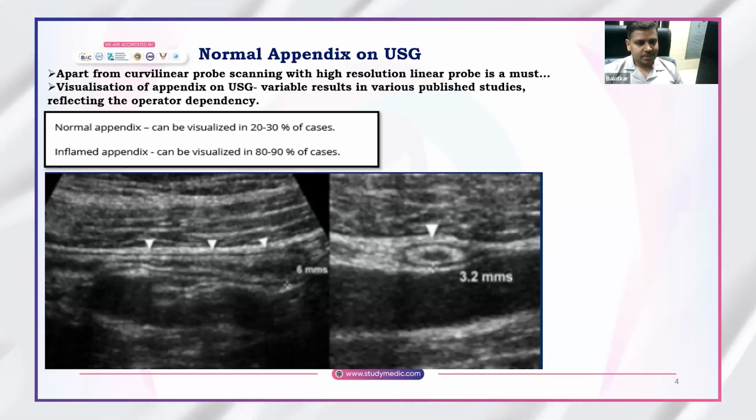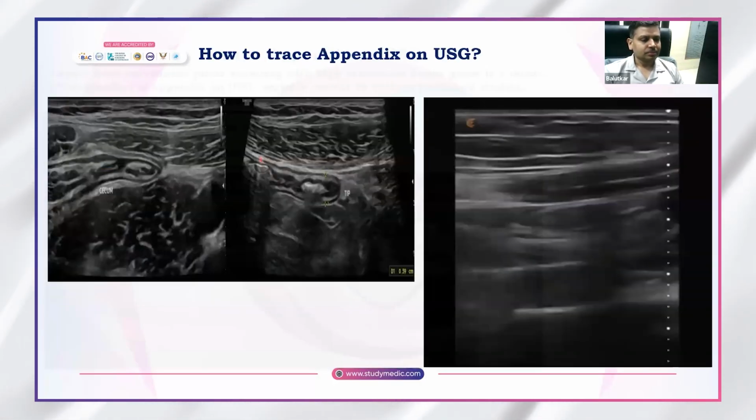So that makes it easier if the appendix is inflamed, and you will easily be able to visualize it most of the time. If the appendix is not inflamed and is not visualized, in many cases it is definitely normal. But of course, you have to do further imaging if the clinical condition is suggestive of acute appendicitis.